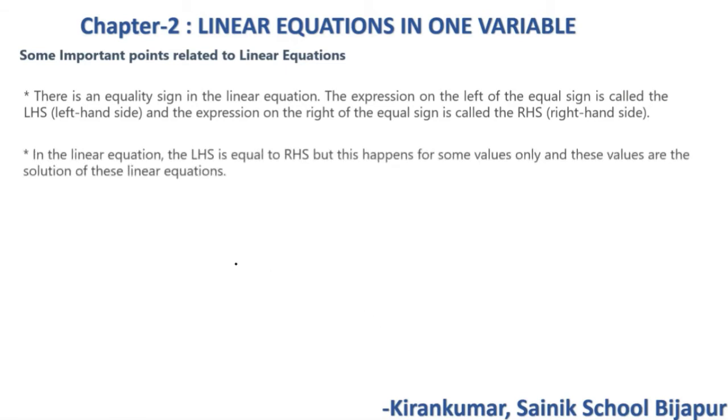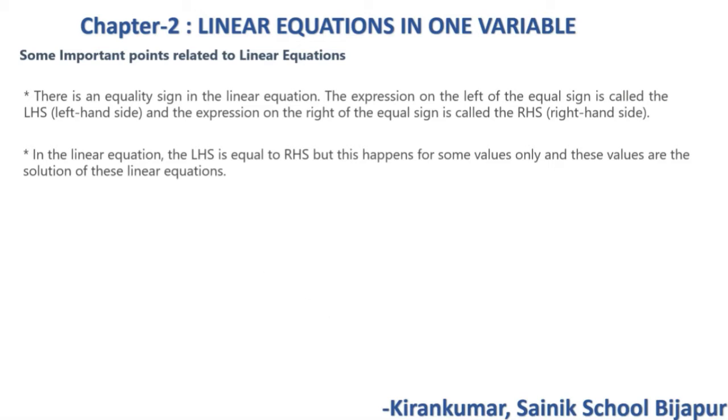Second point, in the linear equation, the left hand side is equal to right hand side, but this happens for some values only, and these values are the solution of these linear equations.